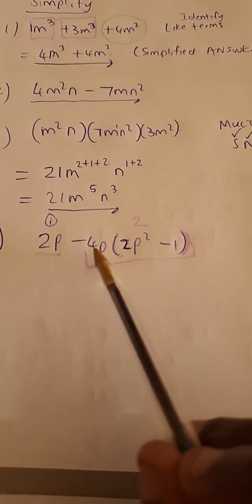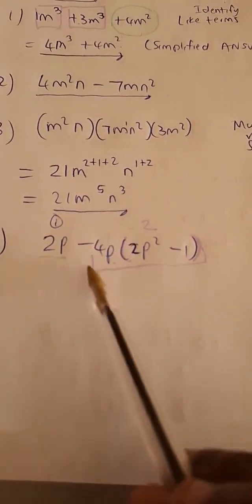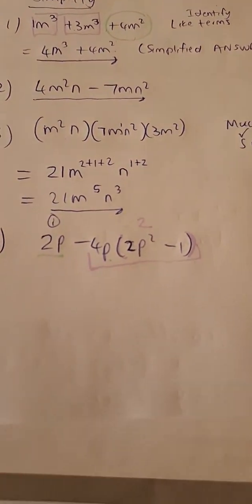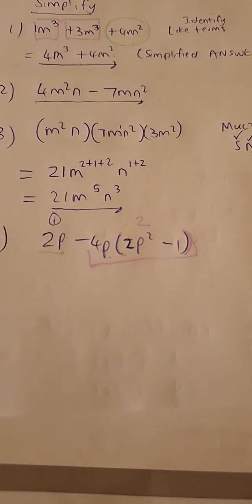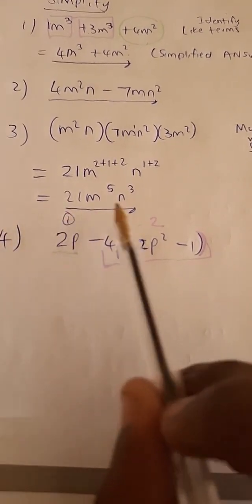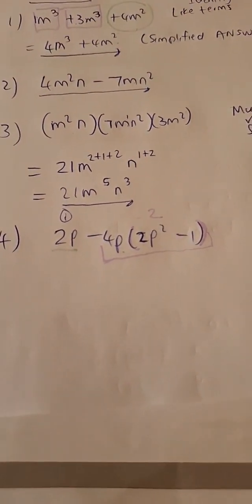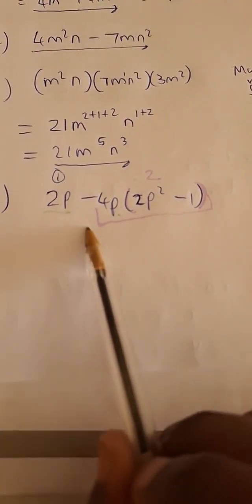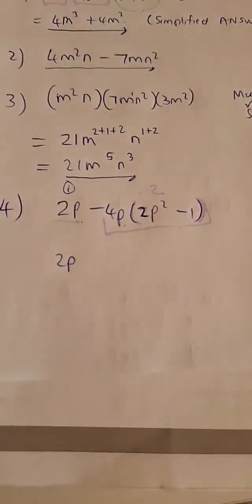And then the relationship of the bracket with this 4p is multiply, which makes this term become 1. Because multiply combines terms. It does not separate. So how many terms? 1, 2. Okay? This helps a lot. That is why your answer, when you are doing this problem, you are going to look at 2p on its own.